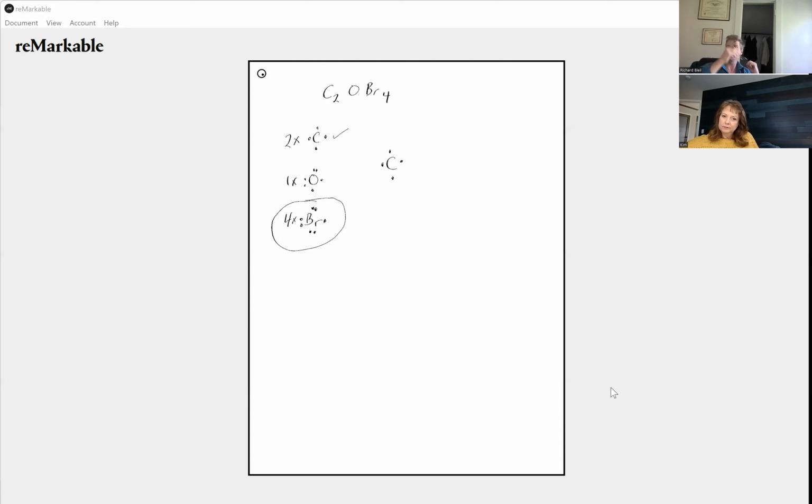By the way, unless you are instructed to do otherwise, when you're building these Lewis dot structures, always avoid putting two atoms of the same type together. The only exception to that rule is carbon.